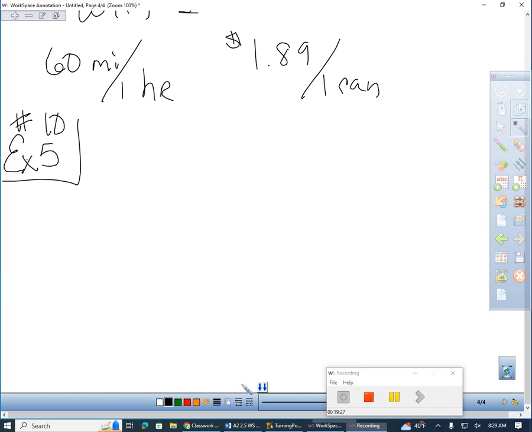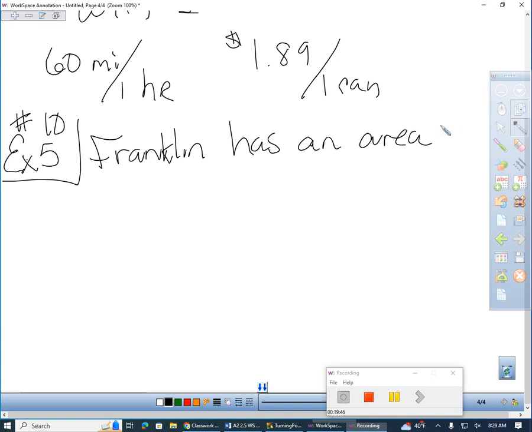All right. So, Franklin has an area. No, not a person, an area, a city.